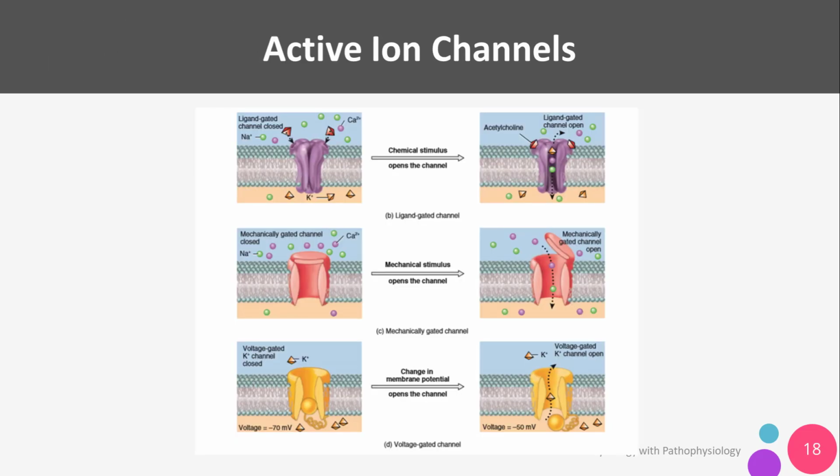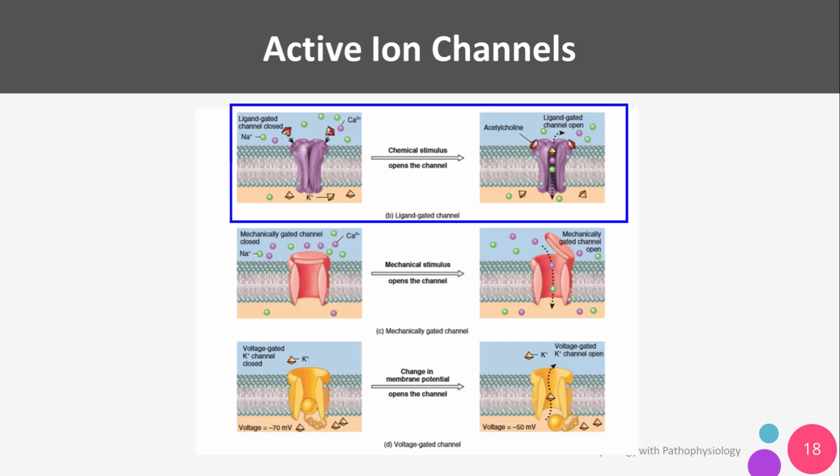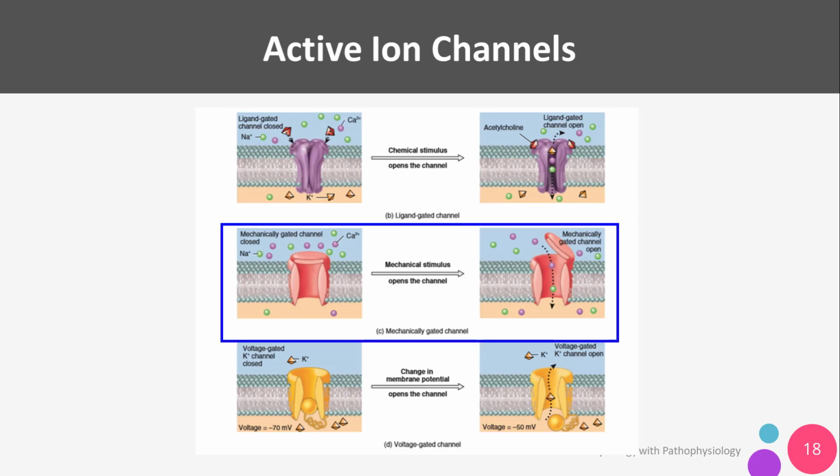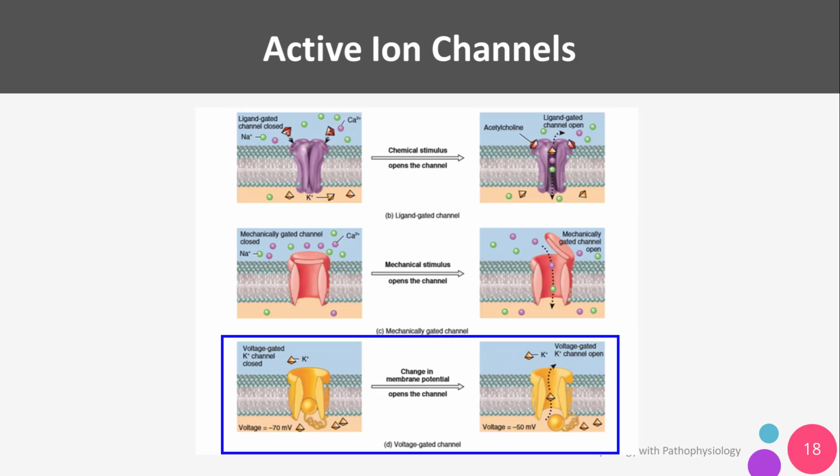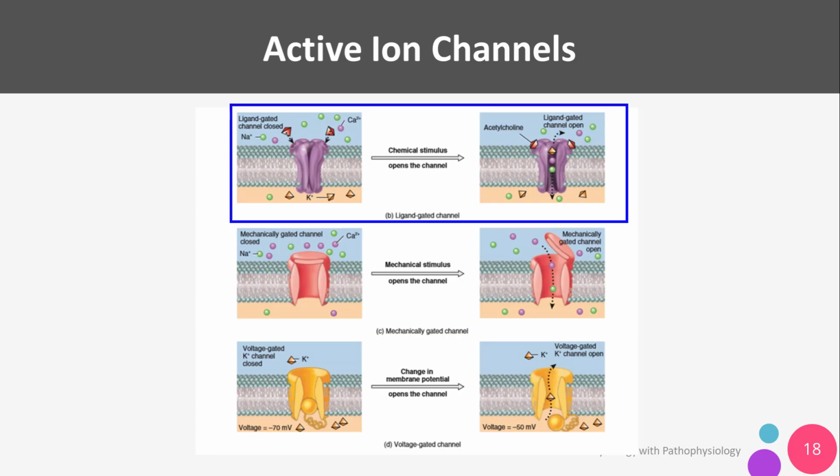We now move forward with the discussion of active ion channels, and there are 3 types of active channels, namely the chemically gated ion channel, the mechanically gated ion channel, and the voltage-gated ion channel. The chemically gated ion channel is also known as the ligand-gated ion channel.